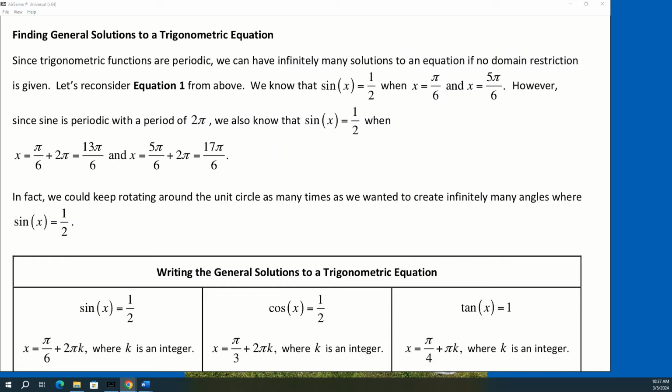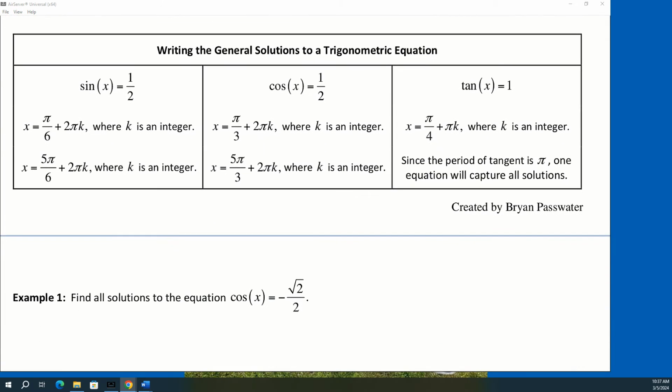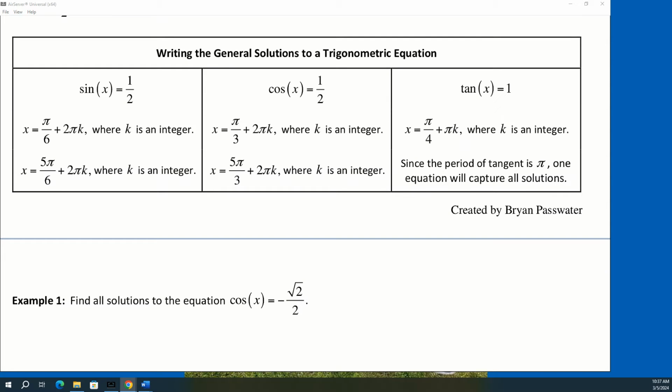13 pi over 6. It would also have a sine of 1/2. So every time you add the period to an angle, it's going to give you another angle that has that sine. So whenever you're given the general solution for sine and cosine, you find the angle on the unit circle, and you add 2 pi k to it, where k represents any integer in the world.